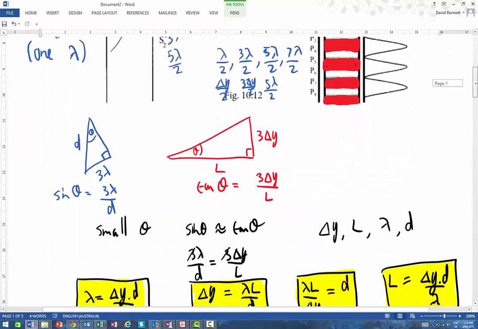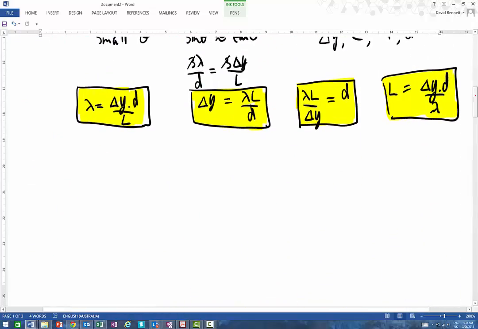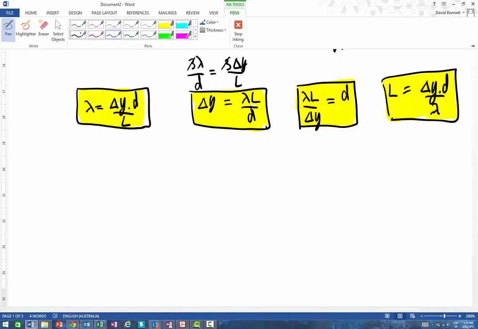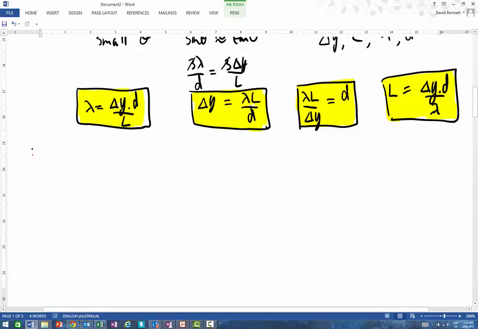Now, let's do a very, very simple question. All right, so a first example might be something like, I've been given a diffraction pattern. My bandwidth between the fringes might be something like 2 by 10 to the minus 3 meters.